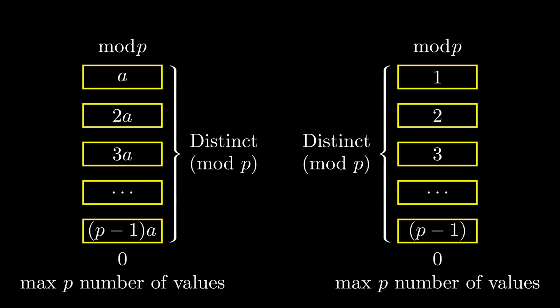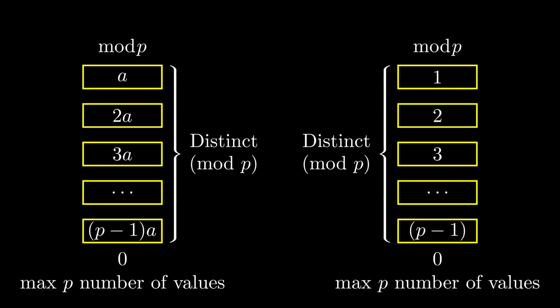Okay, so something very interesting can be deduced from that conclusion, and that is, since both sets have the maximum number of distinct integer values modulo p, then both sets must contain the exact same values.